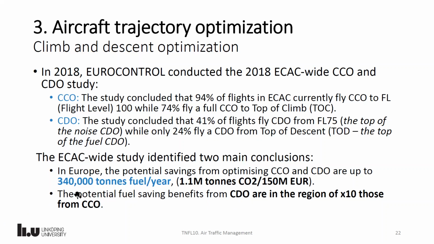And finally, they conclude that the potential fuel saving benefits from CDO are in the region of 10 times those from CCO. I assume because there is a lot of potential, a lot of work still to do in CDO operations in comparison with CCO. But as you can see, this is a very popular topic, very relevant in ATM because it has a lot of potential benefits and is already being implemented.